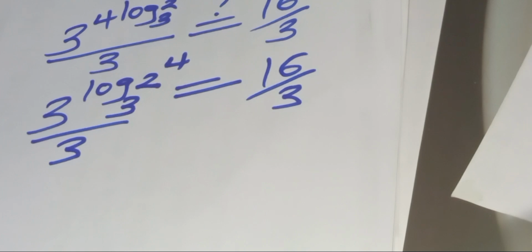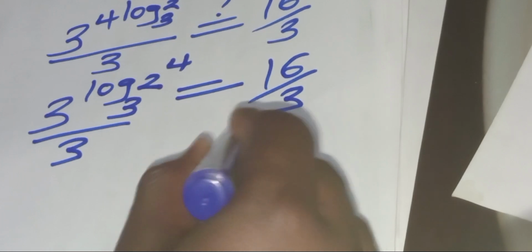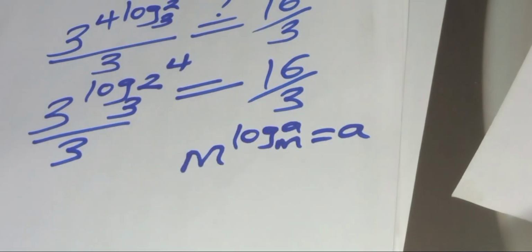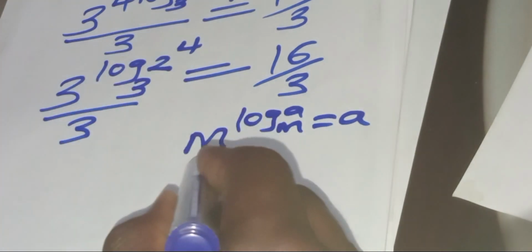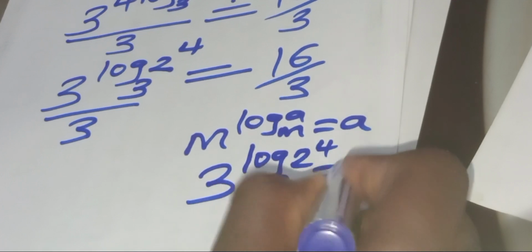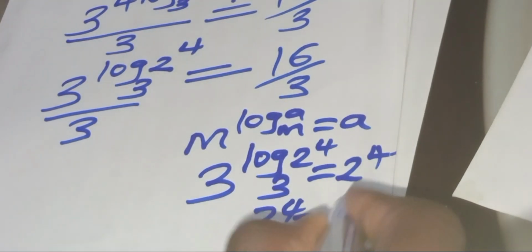Now, as you can see, 3 to power log 2 to base 3 is actually in the form of m to power log a to base m, which is essentially equal to a. Okay, now that means that 3 to power log 2 to power 4 to base 3 is equal to 2 to power 4. And remember, 2 to power 4 is equal to 16.